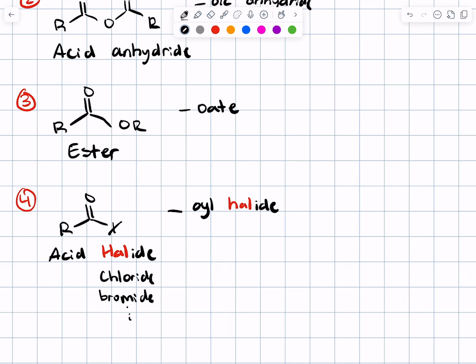So once again, this could be oyl chloride, oyl bromide, oyl fluoride, oyl iodide, and so on, just depending on the identity of X, yeah? The study guide names it an acyl halide. That's fine too. Yeah, you'll see acyl. I think oyl is technically what IUPAC wants, and acyl is historical, but it's semantics. But yeah, so they both work.